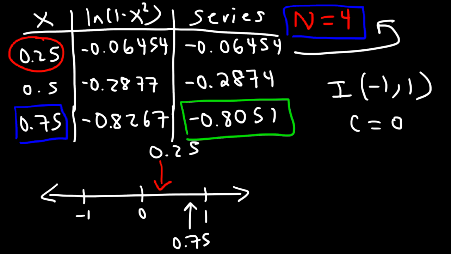So to summarize all of this, as x approaches the center C, the number of terms that we need to get a good approximation decreases. Now, if x were to move away from the C value, or the center, then the number of terms that we need to get a good approximation increases. So if x was like 0.95, we need to add up a lot of terms to get a good approximation. If x was like 0.1, we won't need to add many terms to get a good approximation.